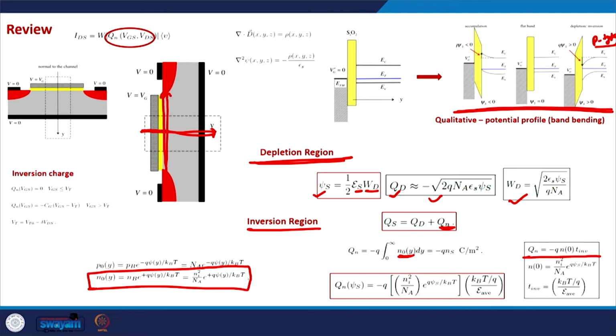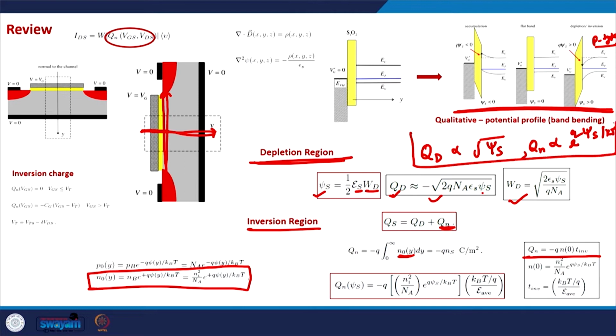Now there is an important observation that we need to make here. The depletion charge is related to psi s in this way. The QD charge is directly proportional to the square root of psi s, but the inversion charge Qn is exponentially related to psi s, the surface potential, and there are other factors as well, and that's the key difference.